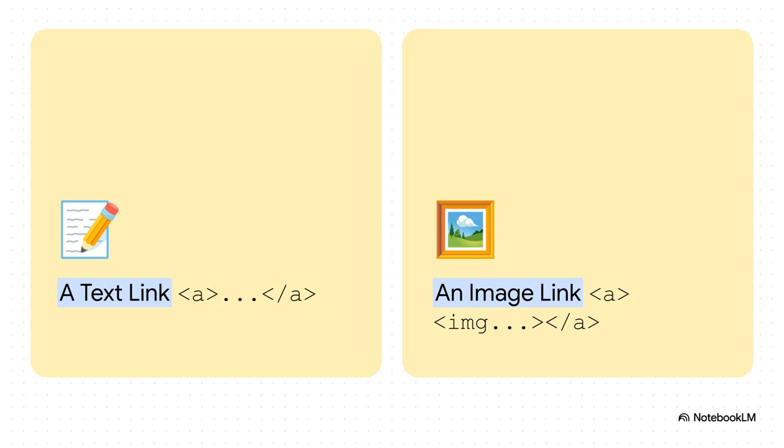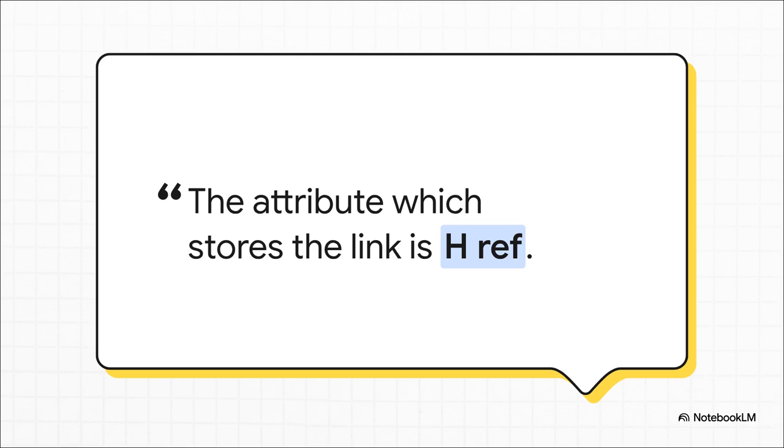It's the key to everything. So if the A tag is the container for the link, where's the actual web address it's supposed to go to? Well, it's always stored inside this one little attribute, href. And that's the big takeaway. If you remember one thing, it's this. Every link is an A tag, and its destination is always in the href.